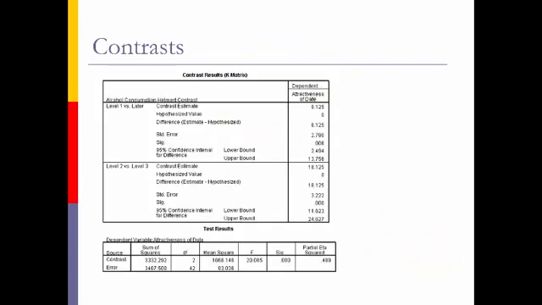All right, so let's go look at our contrast. The first one is no alcohol compared to 2 and 4 pints, and the second one is 2 versus 4 pints.